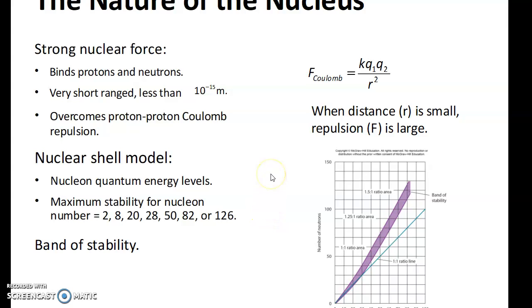Now, the binding of those protons and neutrons is a very, very strong force. It's over a very short range, okay? And the Coulomb strength has this constant right here times the charge of each one divided by the distance squared.